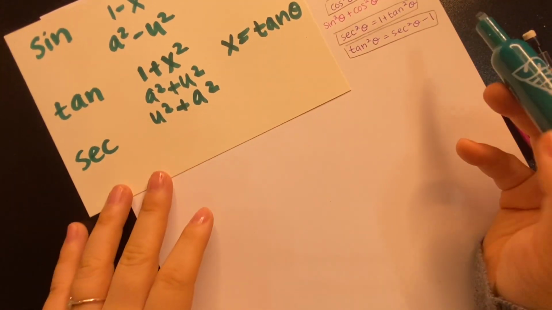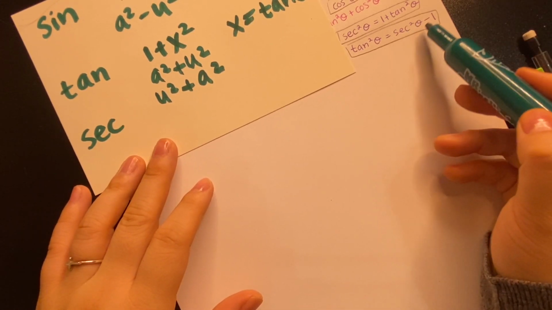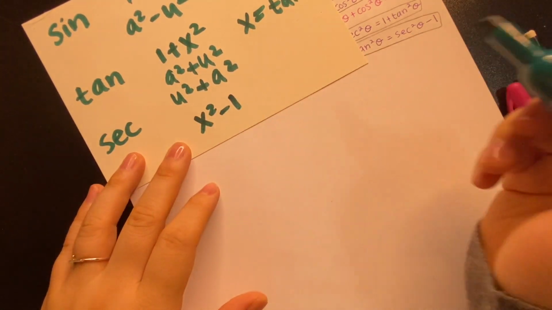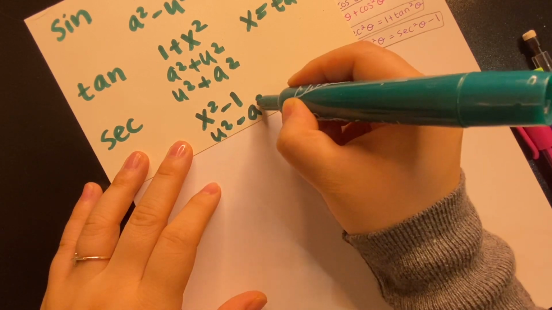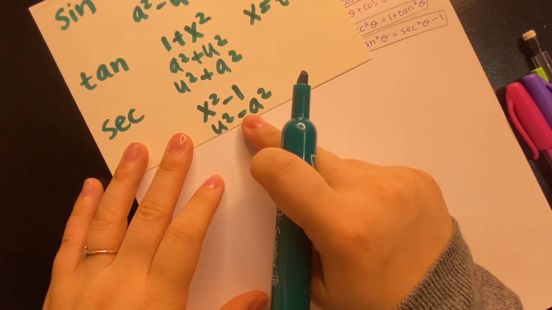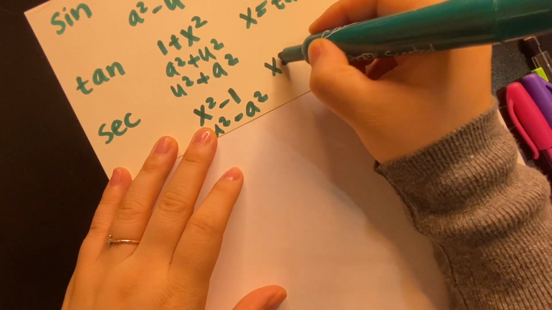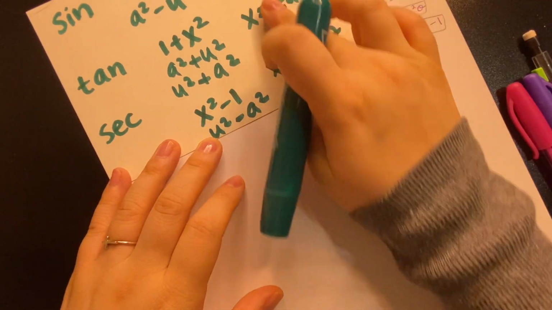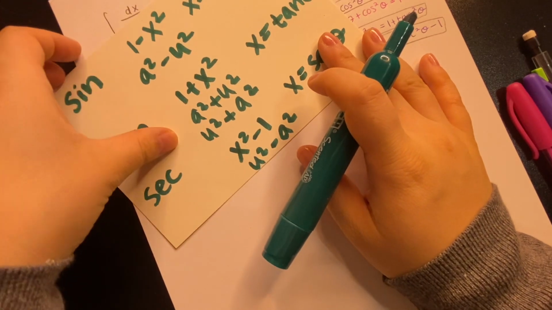And for secant, I would have stuff squared minus 1, so x squared minus 1, or u squared minus a squared, stuff squared minus number, and that would be a nice secant substitution. Again, you might have some different coefficients, and we'll talk about that in a second, okay?